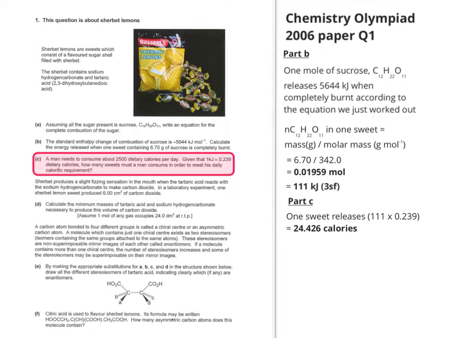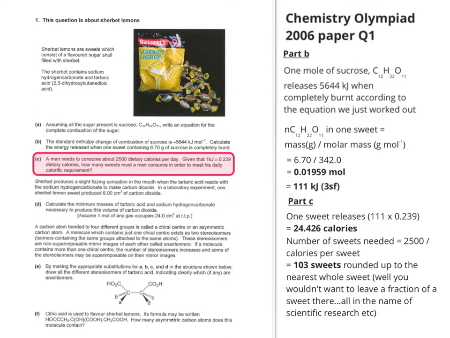So 24.426 is one sweet, so we need to divide 2,500 by that number. Working on 111 kilojoules per sweet, this leads us to 103 sweets. It's actually slightly less, about 102.3, but who's counting?